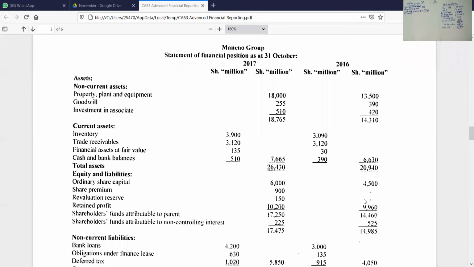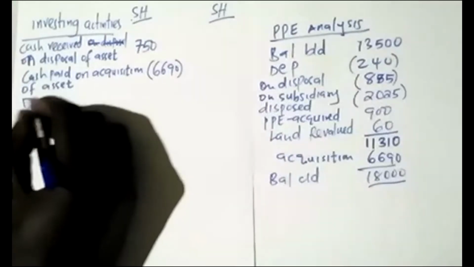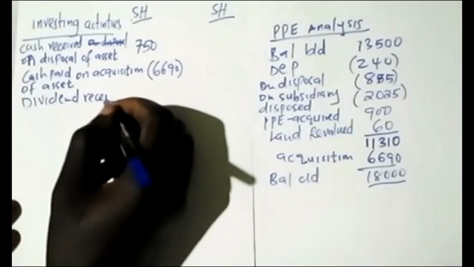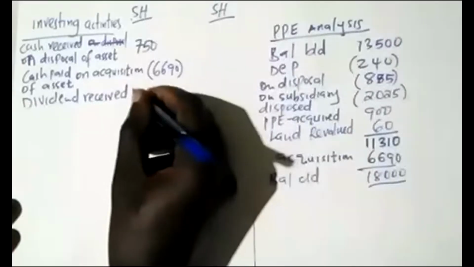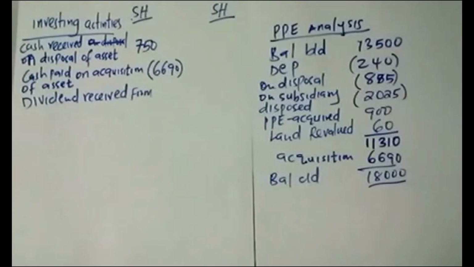So after that, we move to the next working, whereby I have to check for dividend received. It can be received either from an associate or from a joint venture.